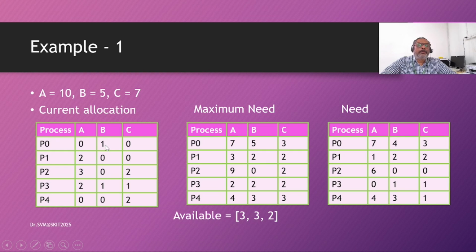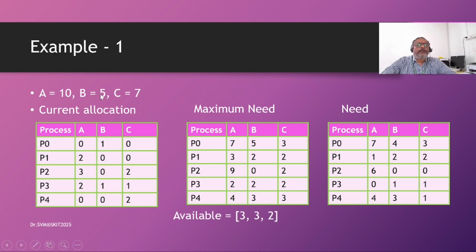Same way for B, 1 plus 1 is 2 allocated, total were 5, so 5 minus 2, 3 are available. And for C, 2 plus 1 plus 2 is 5 allocated, we had 7, so 2 are still remaining. Done. That's the basic thing where we begin our task.